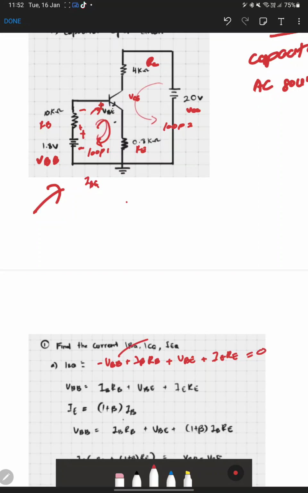So I rearrange back VBB, go there. So VBB equal to IBRB plus VBE plus IERE.